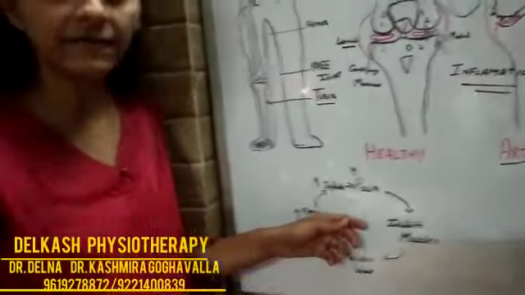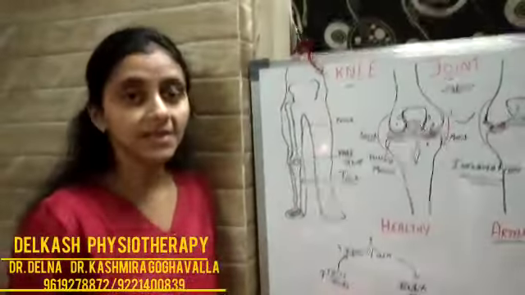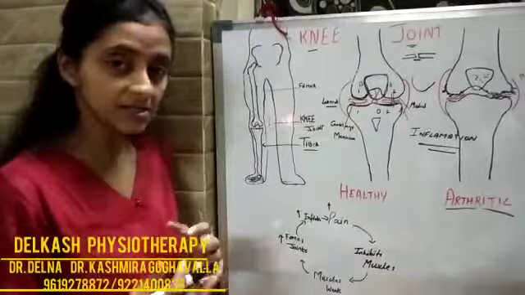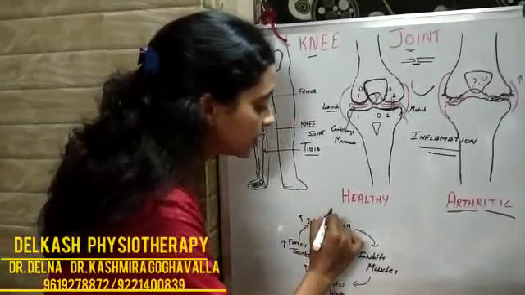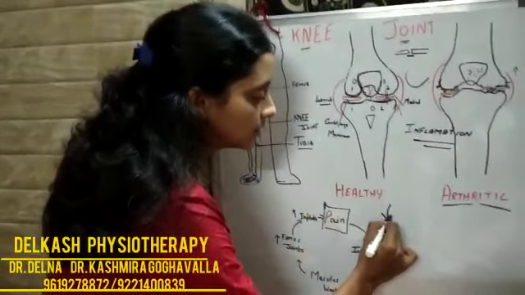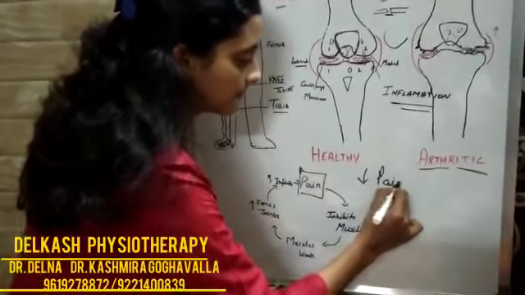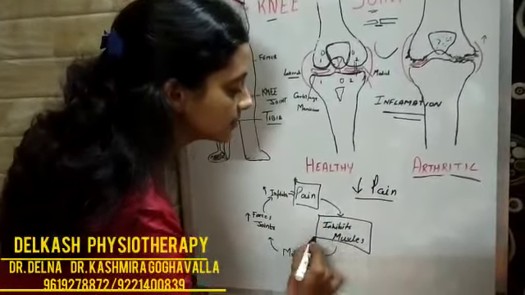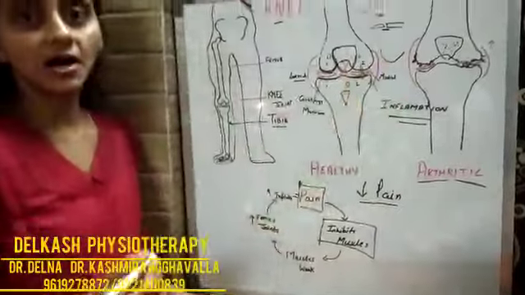But this can very well be prevented and managed with physiotherapy, by various modalities that we use to first reduce the pain. Second step is to start strengthening the muscles which are around the knee joint.